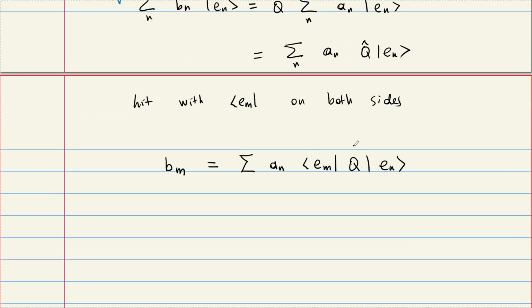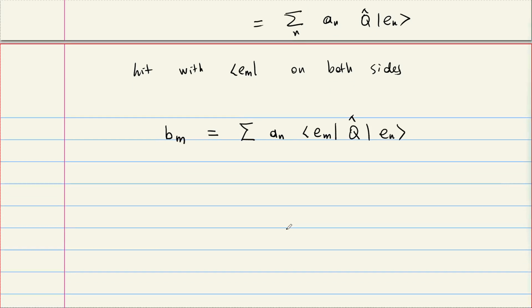So this Q is an operator. At the end, you can see we have an object with two indices.